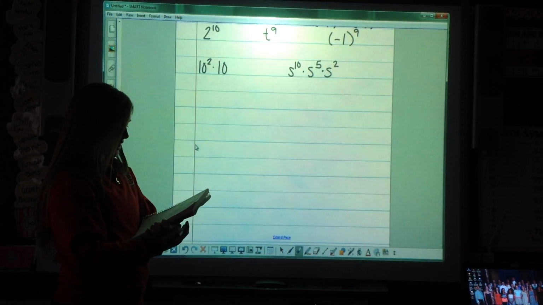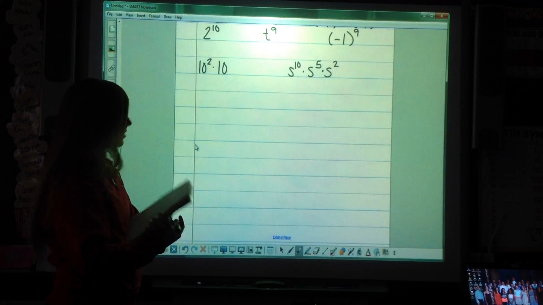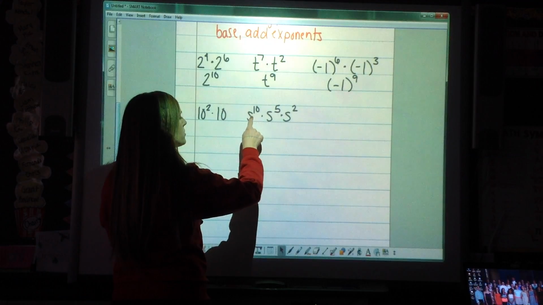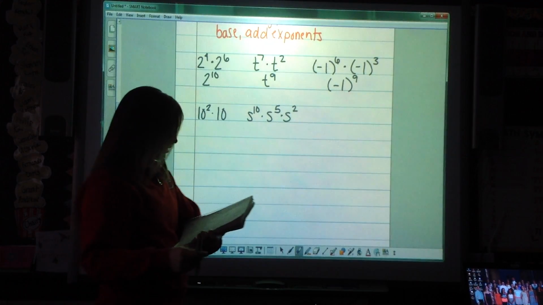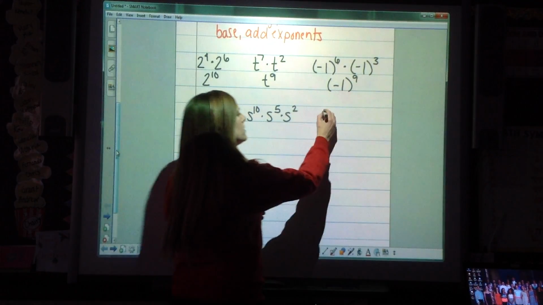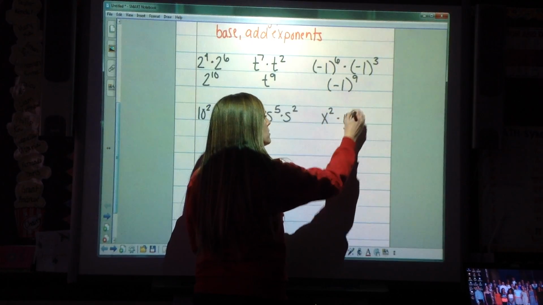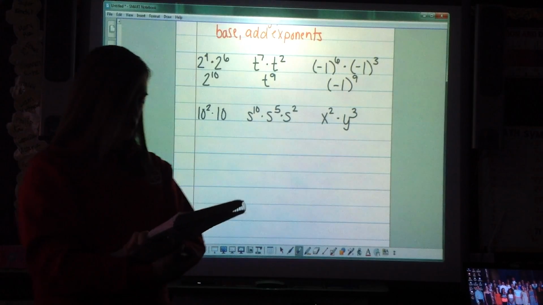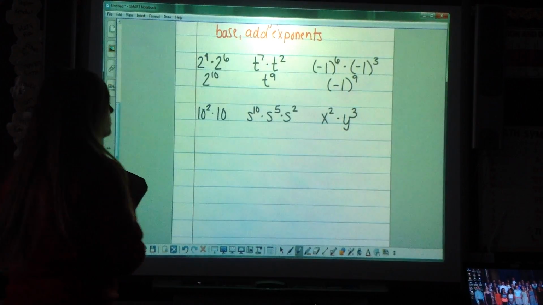One more problem: x squared times y. I really want you to think about this last problem if you can perform multiplication here.